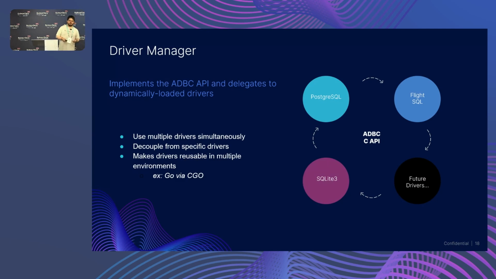The reason for that is because it allows us to not have to maintain multiple implementations of the Flight SQL driver, and we only have to ship the one shared object library with the wheel with almost no dependencies, rather than having to ship the ADBC implementation and gRPC and Arrow Flight and libArrow. All of it as one almost zero dependency shared object that's shipped with the wheel for Python to use via extern C, and that way everything's reusable.